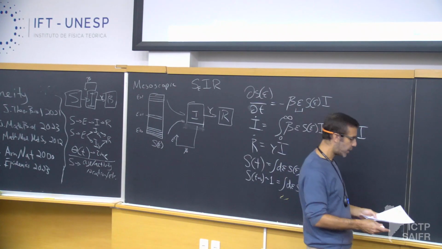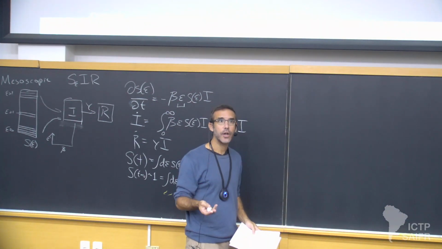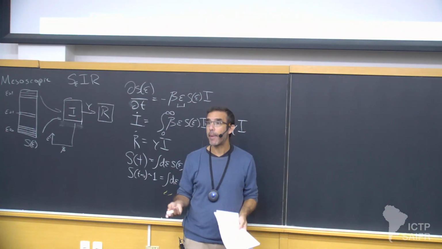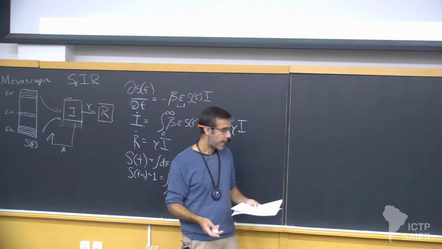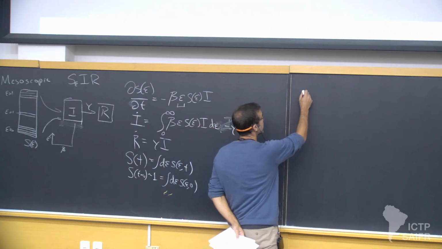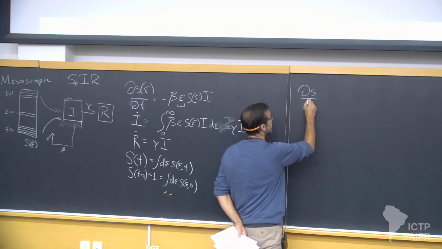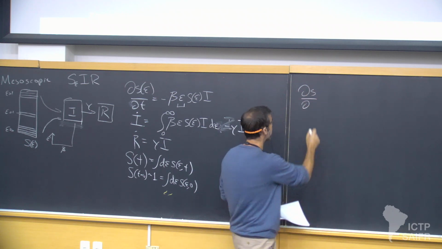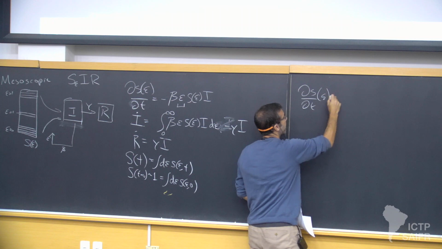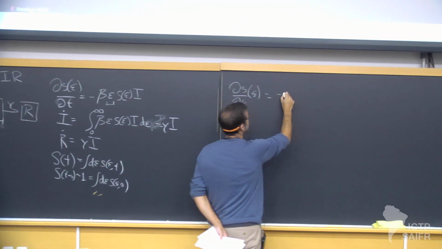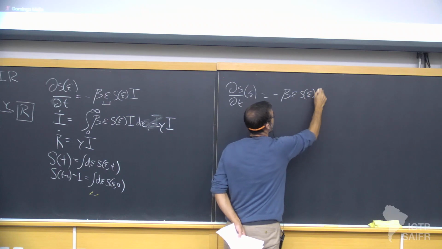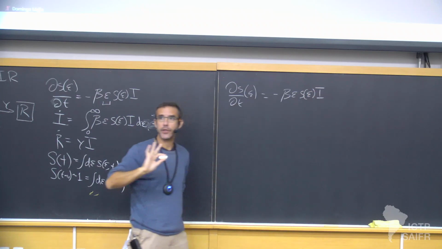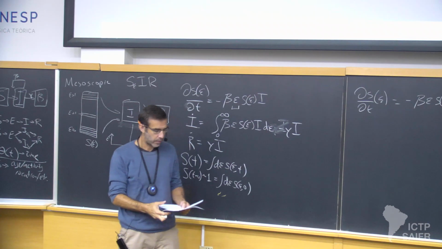So if we view each category of the population, the subpopulation whose susceptibility is epsilon, then we should be able to focus in on just that particular group. This is just looking at that one component.